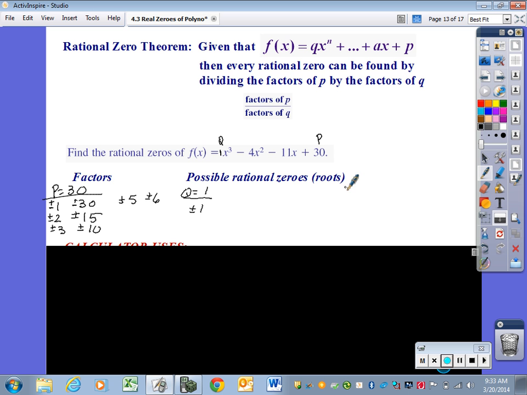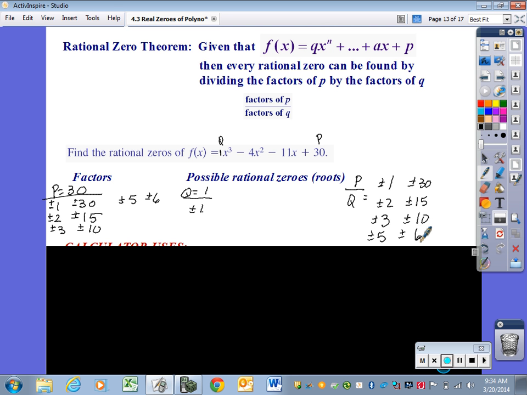So my possible zeros would be P's over Q's. So if I take 1 over 1, I get 1. 30 over 1, I get 30. 2 over 1, I get 2. 15 over 1, I get 15. 3 over 1, I get 3. 10 over 1, I get 10. 5 over 1, I get 5. And 6 over 1, I get 6.